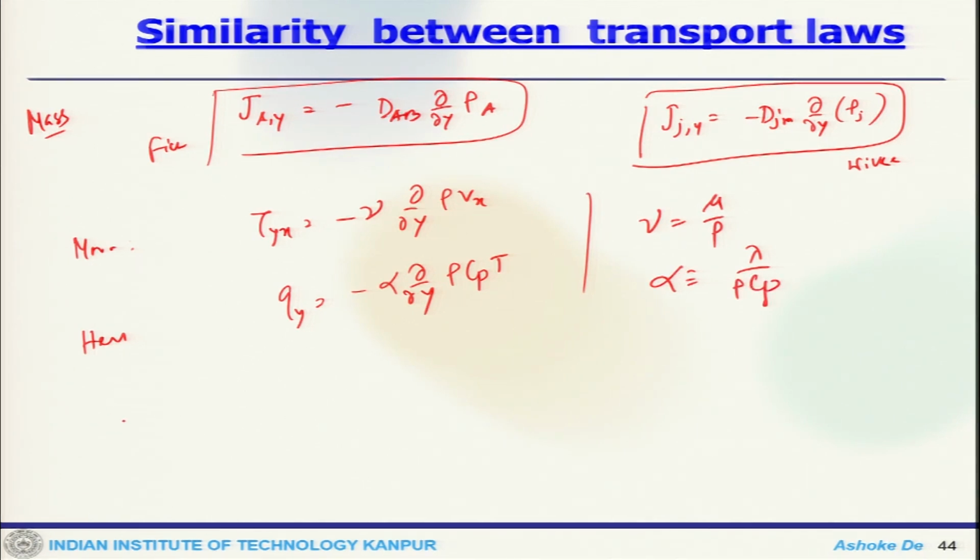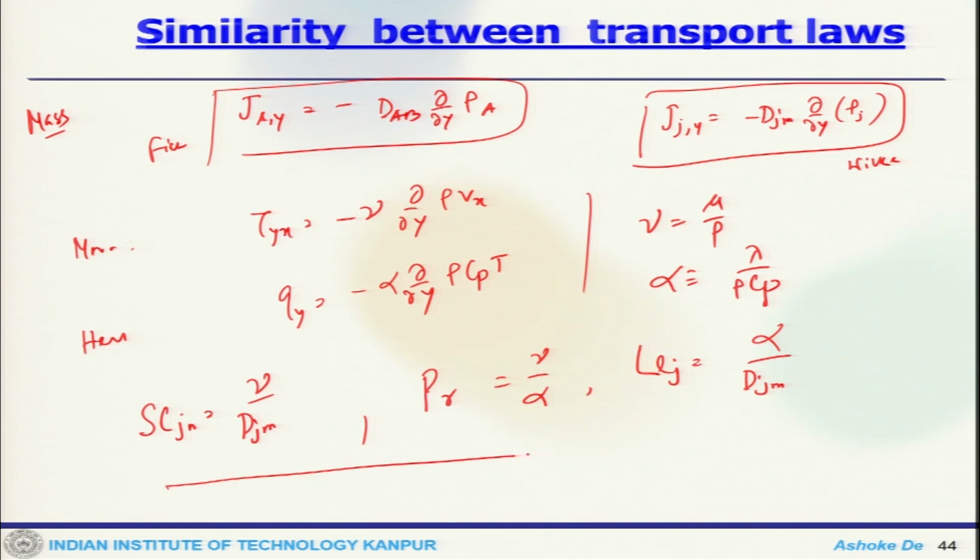Some dimensionless parameters which are quite important are the Schmidt number, which is nu by D_jm, then the Prandtl number, which is nu by alpha, and the Lewis number, which is alpha by D_jm.